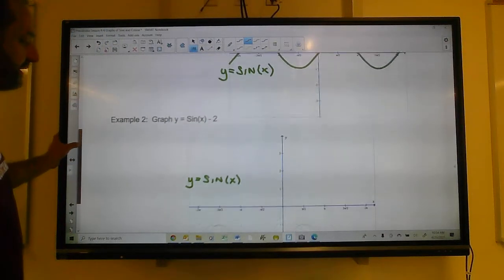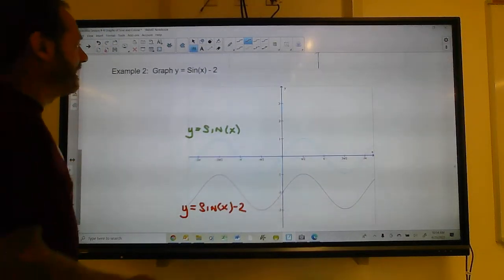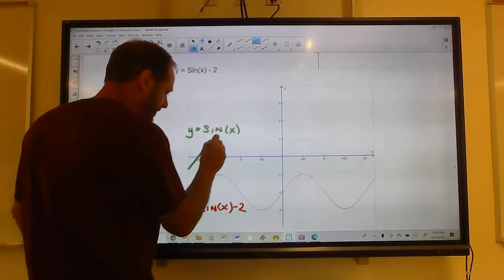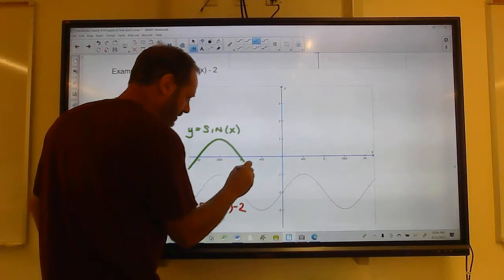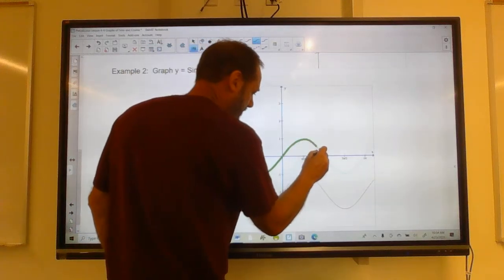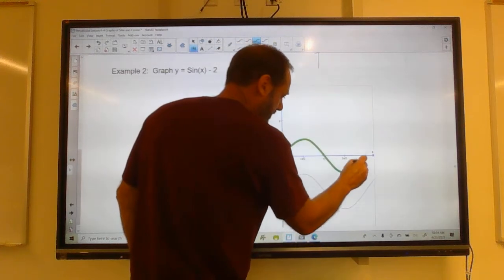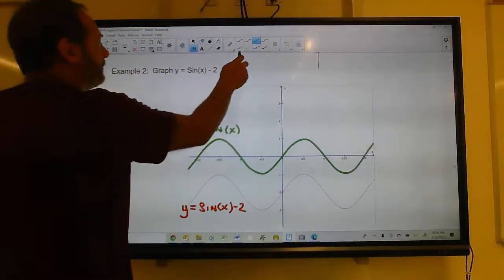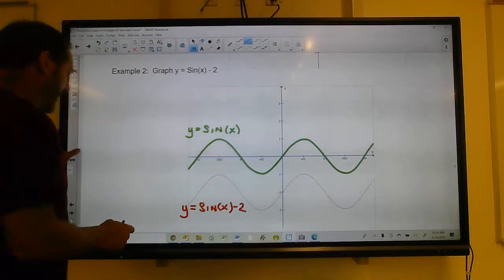Okay, now down here, I have my original sine function, again, is going to be the green one here. And then if I want to graph sine of x minus 2, that's just going to take this graph and move it down 2.